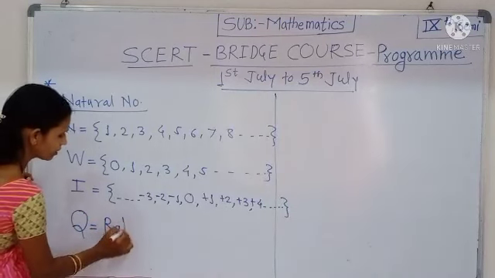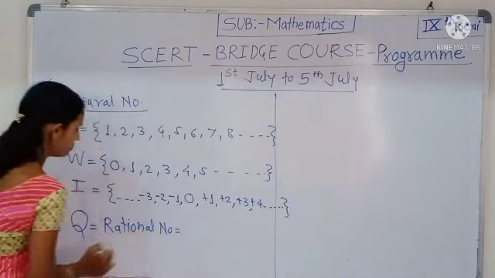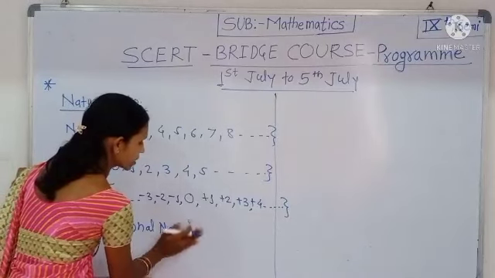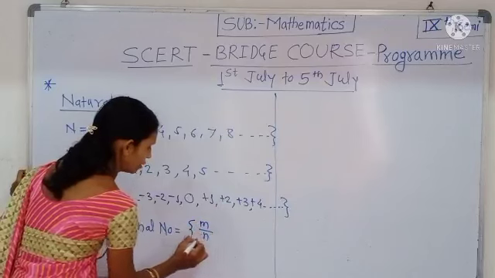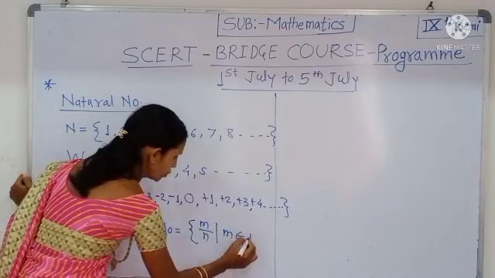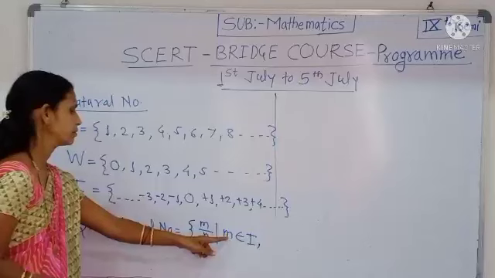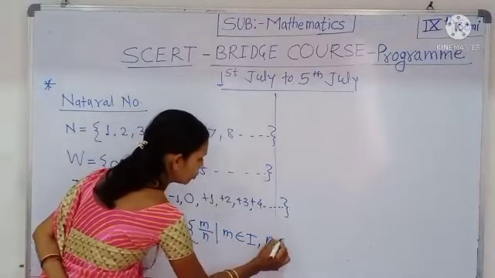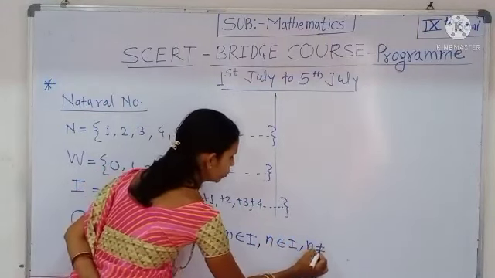We can write rational numbers in the form of m upon n, such that m belongs to integers, that means m is any integer, and n also belongs to integers, any integer, but n should not be 0.